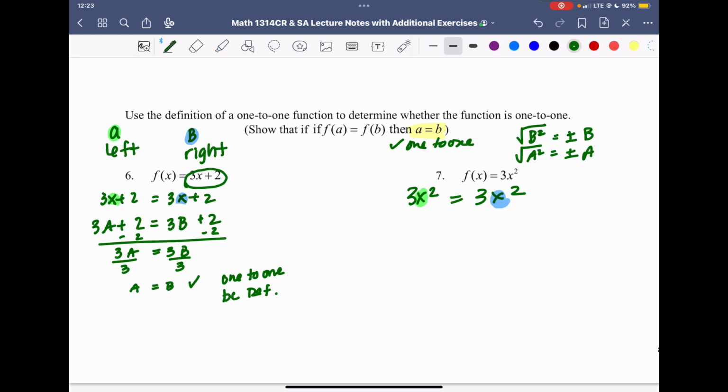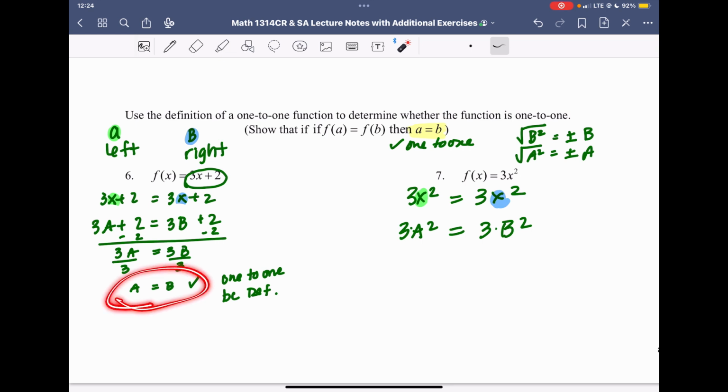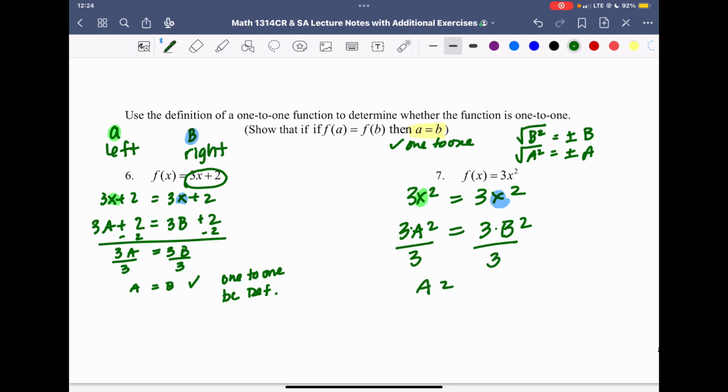So then I have 3a squared equals 3b squared. It does not matter what you're solving for, as long as your end result is a equals b. If it's not, then it's not 1-to-1. So divide both sides by 3. A squared equals b squared.